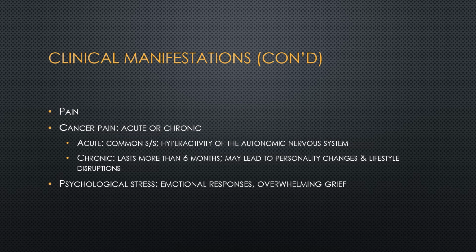Chronic pain lasts more than 6 months, and it can lead to personality changes and lifestyle disruptions. Other manifestations include psychological stress. They may have a profound emotional response and may feel overwhelming grief.